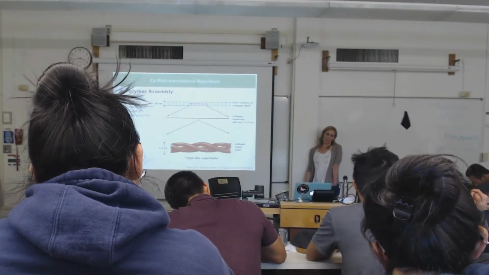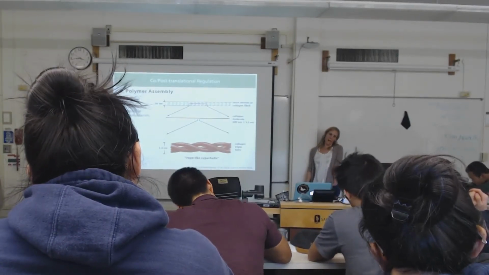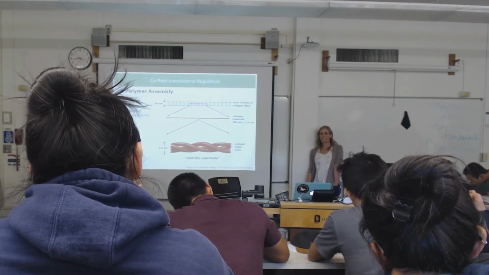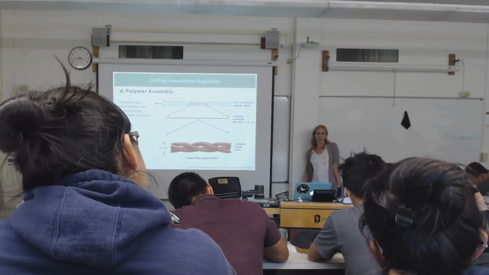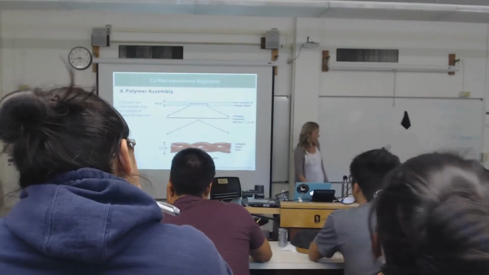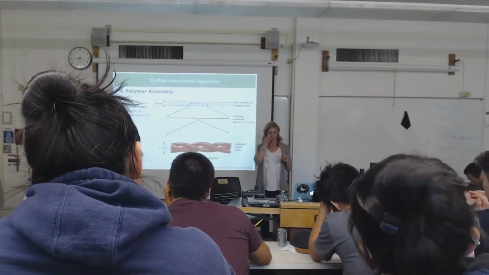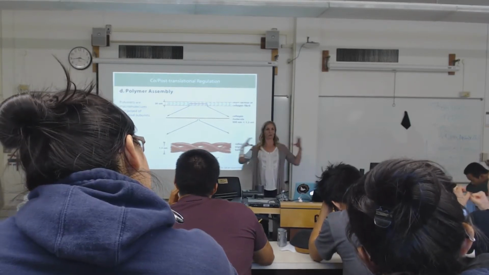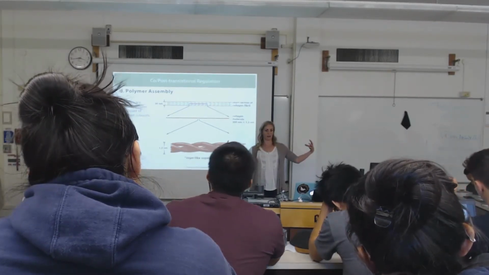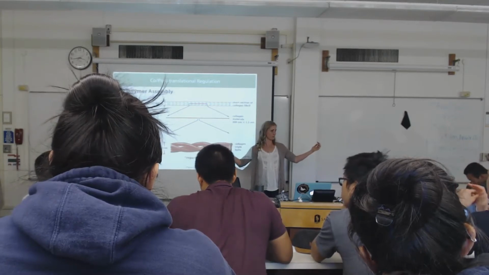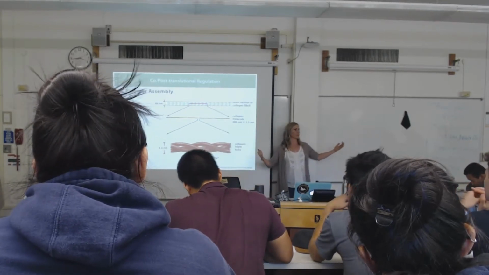Polymer assembly. So polymers are macromolecules composed of repeated subunits. One of the polymers that we're going to talk about a lot in this class, post-exam too, is microfilaments, which are basically actin polymers. And we're going to talk about microtubules.